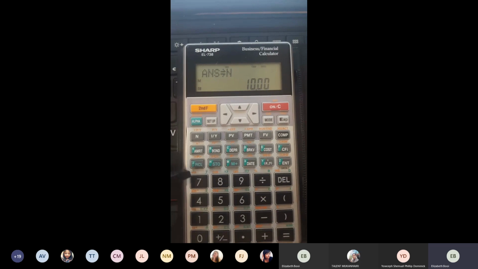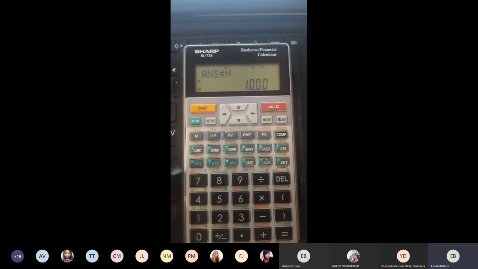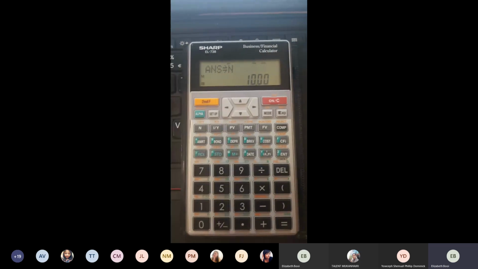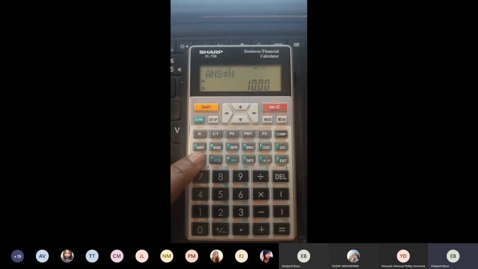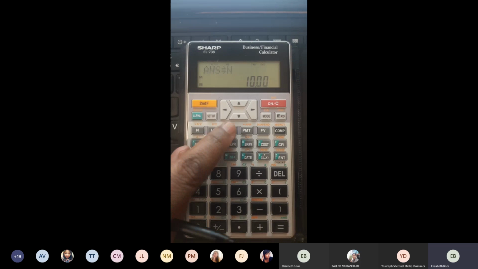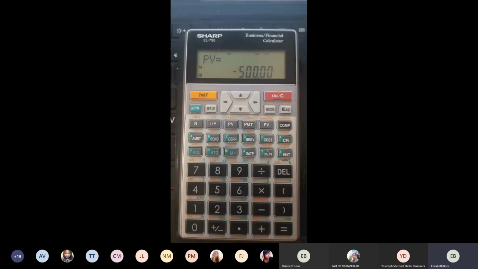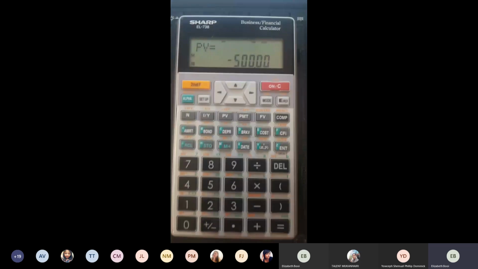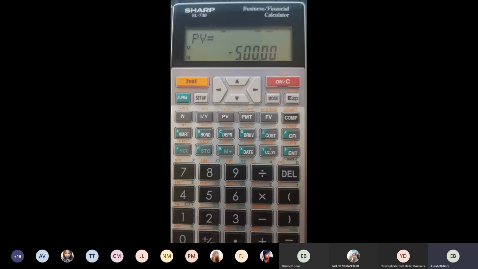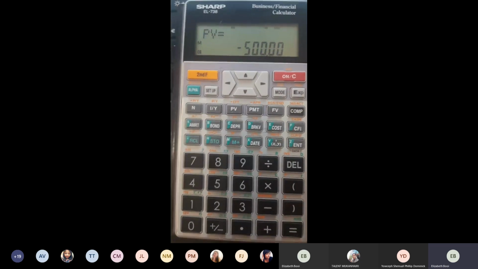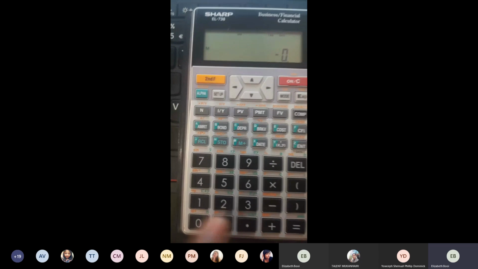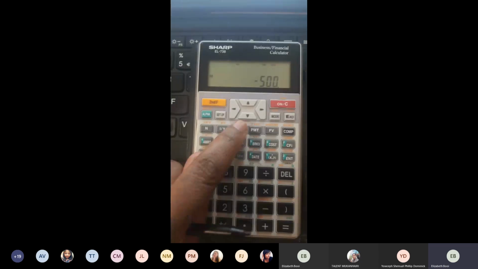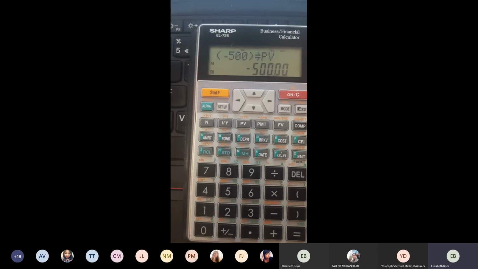What the recall button does is recall the numbers you have captured because you stored them on your calculator. If I press recall and I press PV, it should give me the amount for my present value. Let's say, for example, my present value actually was 5,000, not 500, and I can see that I've put it incorrectly. I can still go back and say plus or minus 500, and I press my present value, and it will store my new present value.